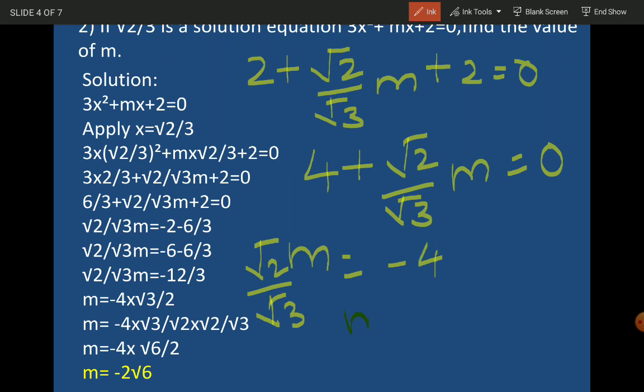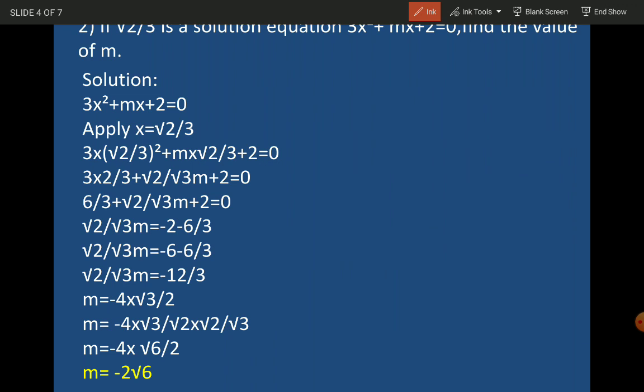So m is equal to minus 4 by root 2 by root 3. Solving for m, at last we get m is equal to minus 4 by root 2 by root 3.